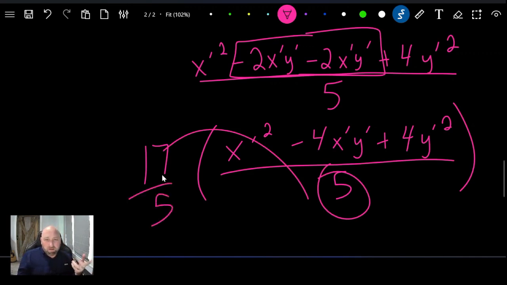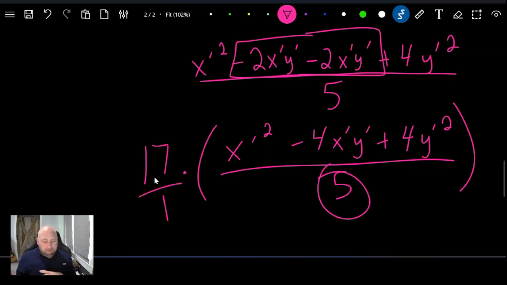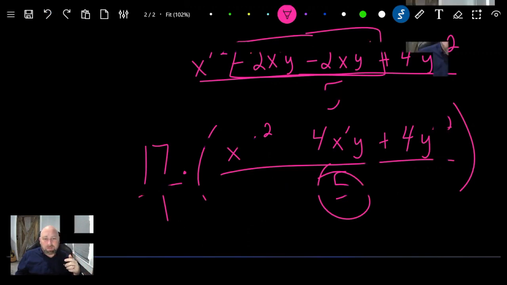So 17 over 5 is the same as this. Why is that? Because this is a multiplication problem. This is 17 over 1 times this. So we can just pull that 5 out right here, and it ends up being the same. The 5 goes out here, the 1 comes out here. It's a little bit complicated algebra right there, but as soon as you get that, I think the rest of this will make sense.